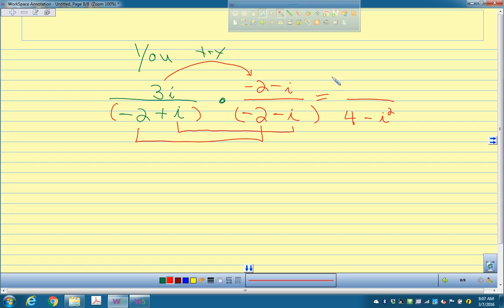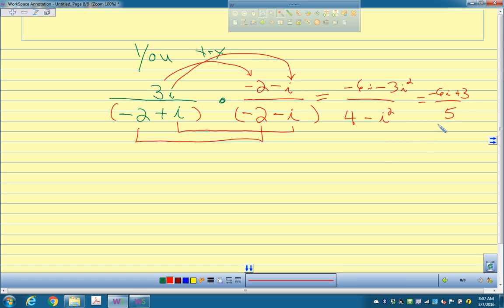This times this gives you minus 6i, and this times this gives you minus 3i squared, okay? When I simplify this, what's i squared? It's negative 1, so on the bottom you get 5. On the top, you get negative 6i minus 3 times negative 1, which is plus 3, okay?